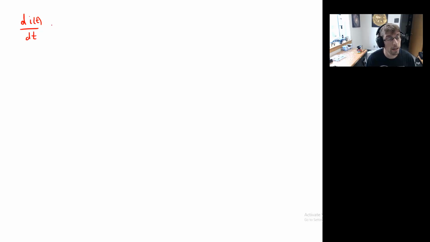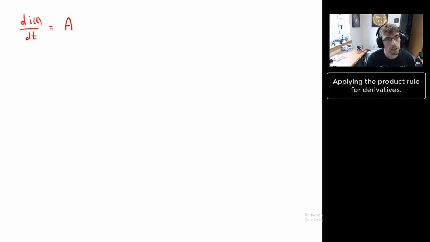And so what do we have? We have our constant A times negative R over 2L, e to the negative R over 2L times t, and then we have this e to the omega t minus e to the minus omega t.